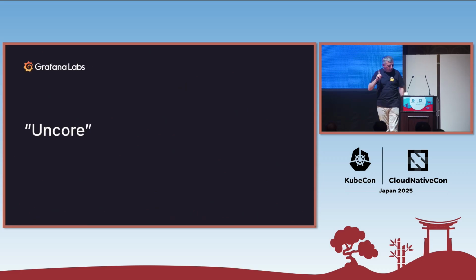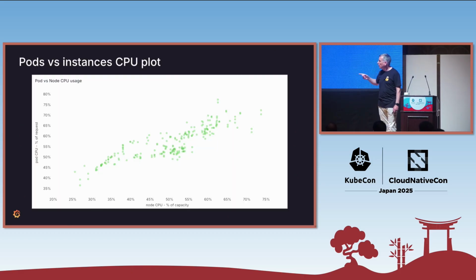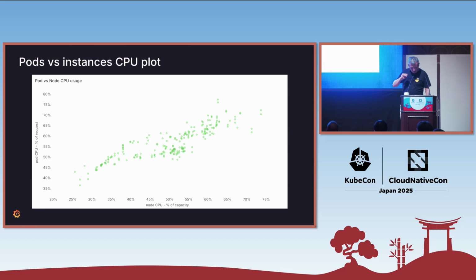Okay, one more thing. Uncore. Who's heard this word? No, me neither. So it turns out this is the word. Well, okay, let me explain this picture. It's a nice picture I drew in Grafana. This is plotting. We have a lot of pods that are doing the same work, right? They're very, very well load balanced.